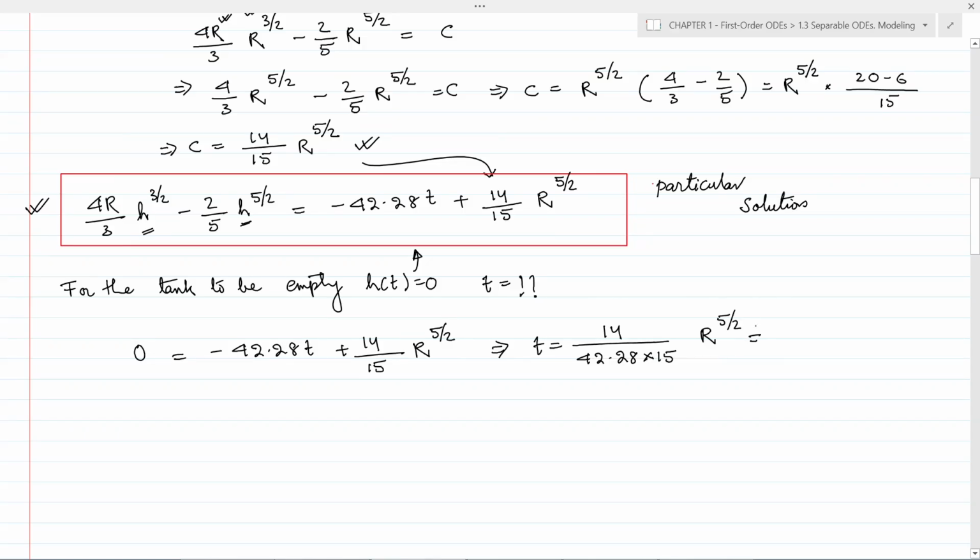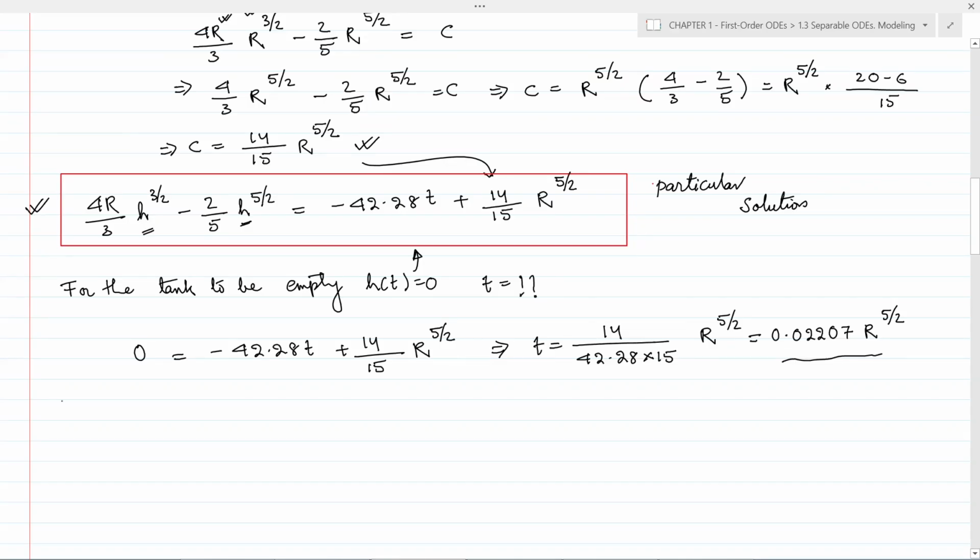The right hand side we can write as 0.02207 r to the power 5 by 2. So, this is the time taken for a hemispherical tank of radius r to be empty.